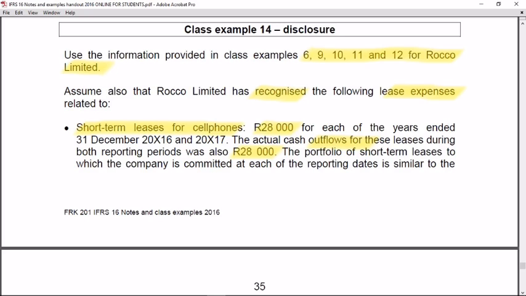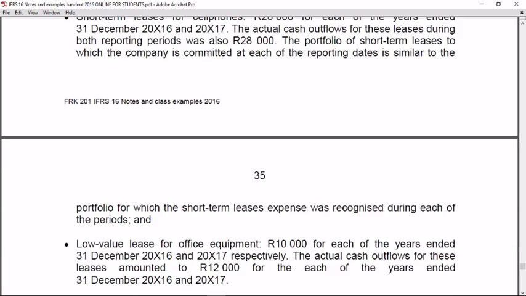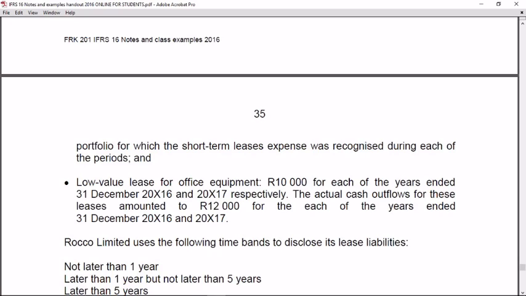The portfolio of short-term leases to which the company is committed at each of the reporting dates is similar to the portfolio for which the short-term lease expense was recognized. So that information just tells you the short-term leases that the entity is committed to is the same as what lease expenses was recognized for.